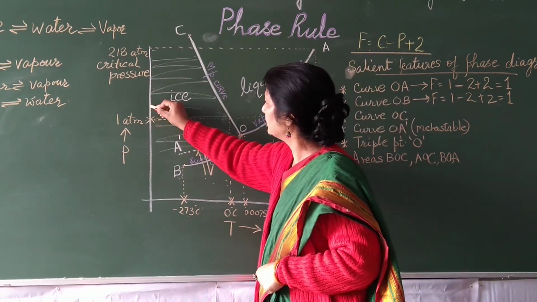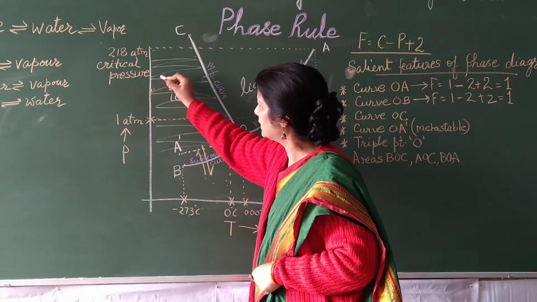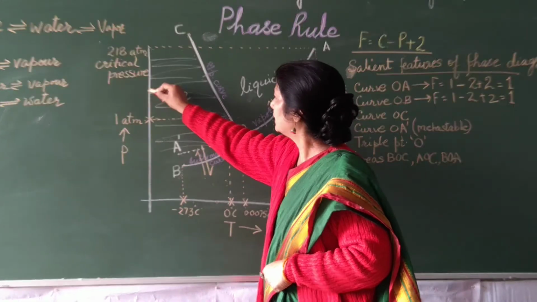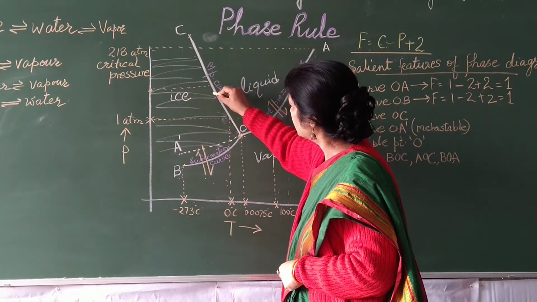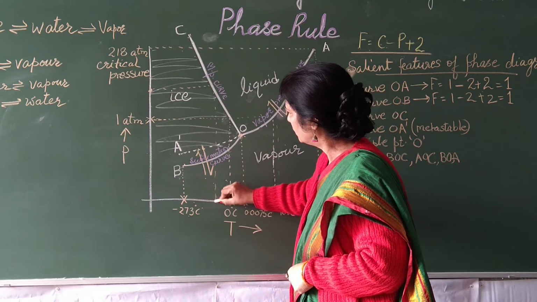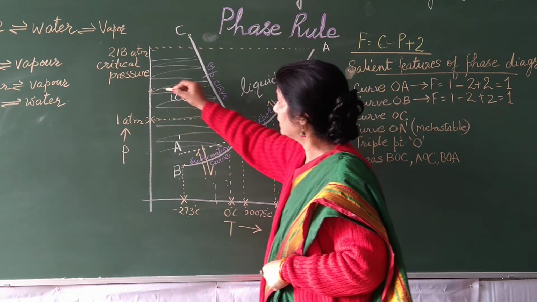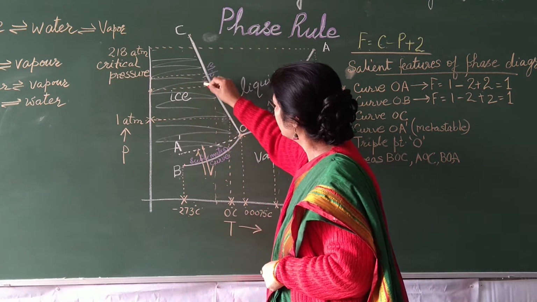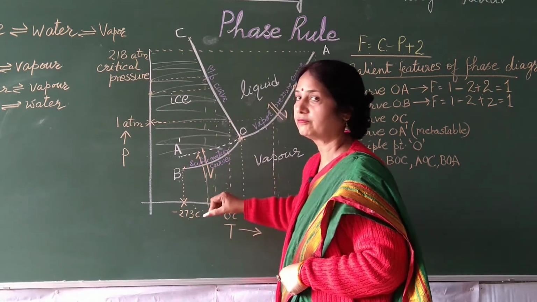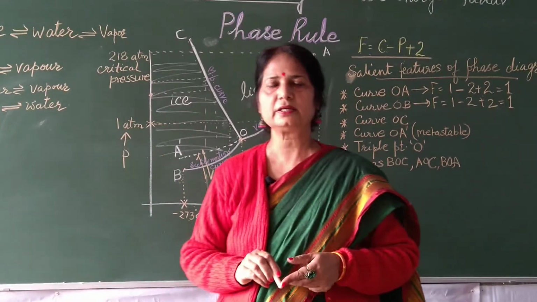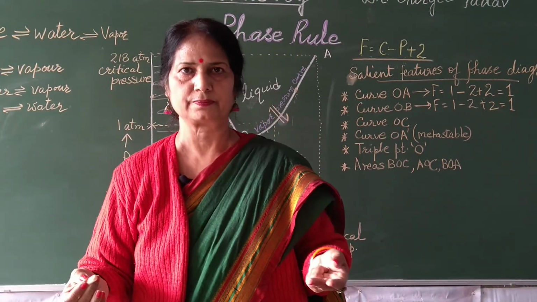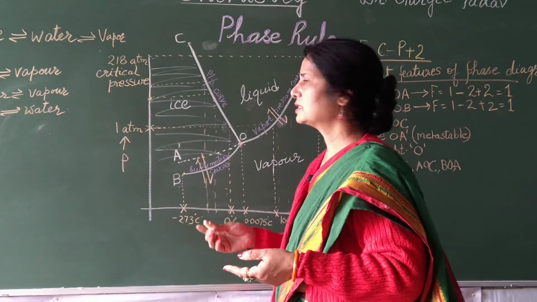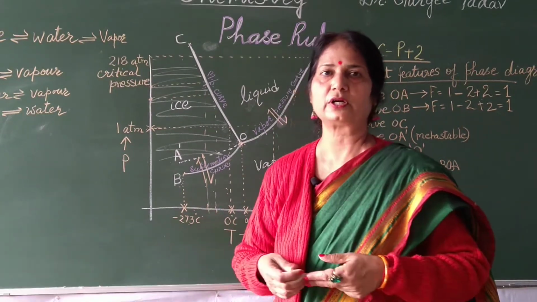Suppose we are moving from this point to this, we are selecting this pressure, then the freezing temperature is this much. But when we increase the pressure to some other level, then the freezing point becomes this. It means that the freezing point is decreasing with the increase of pressure. This is due to the anomalous behavior of water.